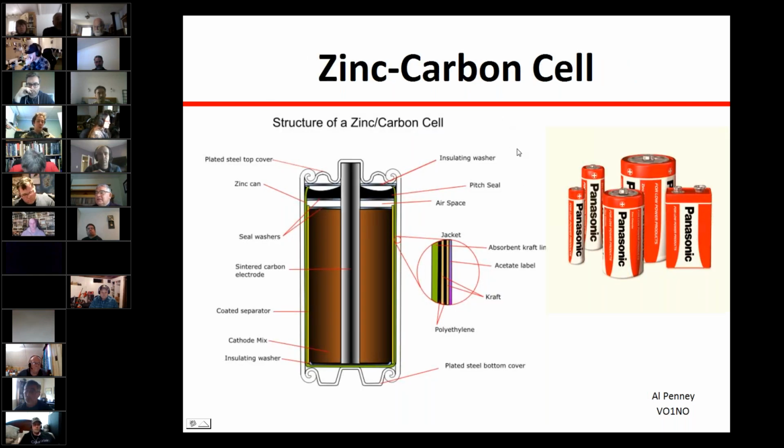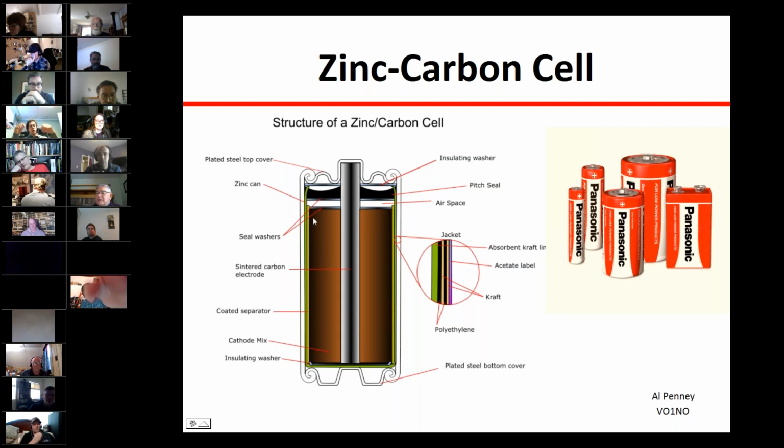Now, a zinc carbon cell is a simple one, cheap, and we'll look at this in more detail later. But basically, this is like what we call a flashlight battery. The top terminal, the positive terminal, is actually a piece of carbon, a carbon electrode. The case itself is made of zinc.